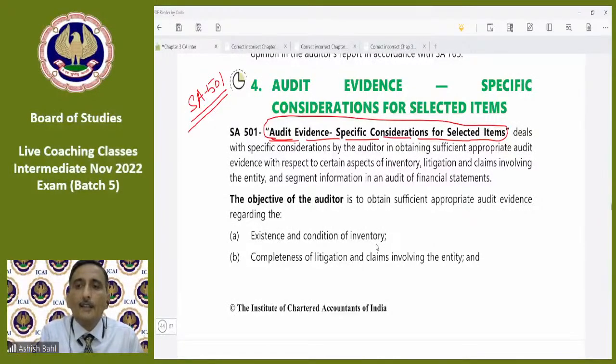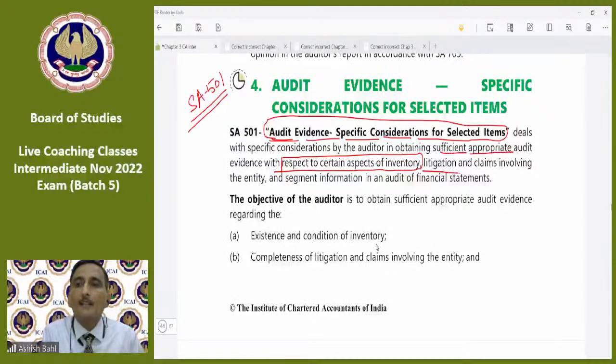How the auditor obtains sufficient appropriate audit evidence with respect to certain aspects of inventory. One thing is how the auditor obtains sufficient appropriate audit evidence in relation to some, not all, aspects. What those aspects are, we shall be discussing.